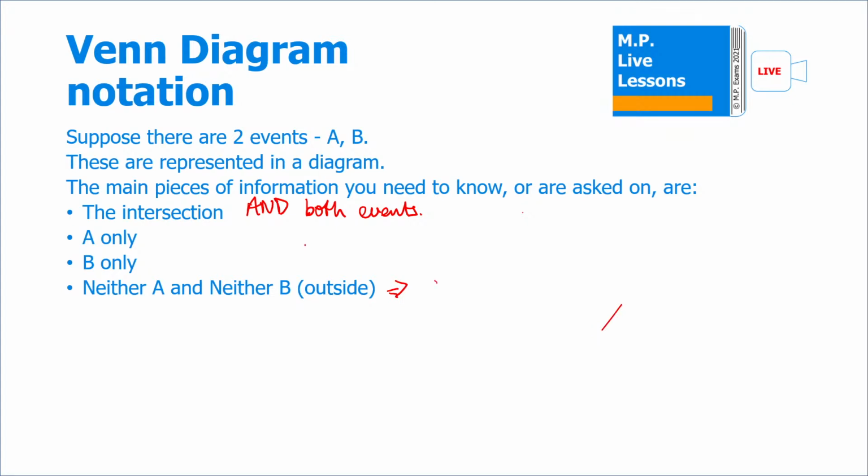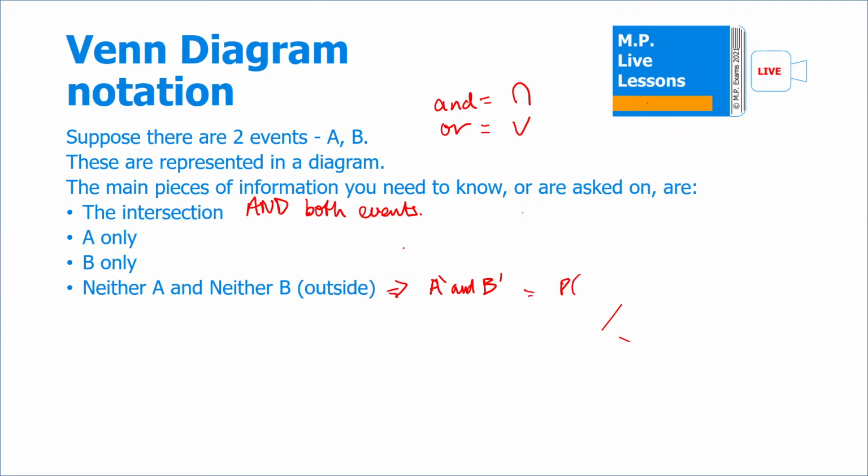so it's not A, so A dash, and then not B, so you want an and, so it's an and here. An and can be represented by an intersection, which is this, and or can be represented by a union, which is this.